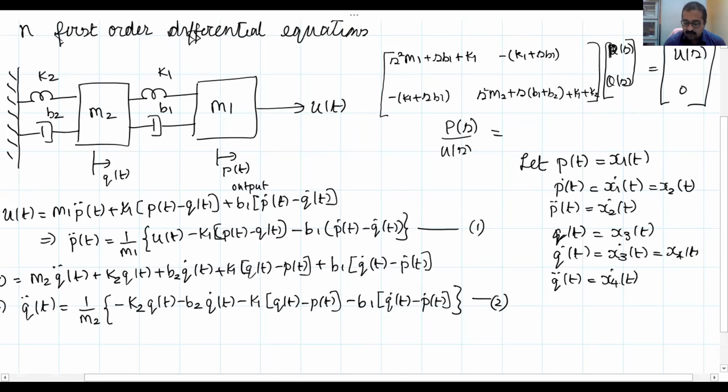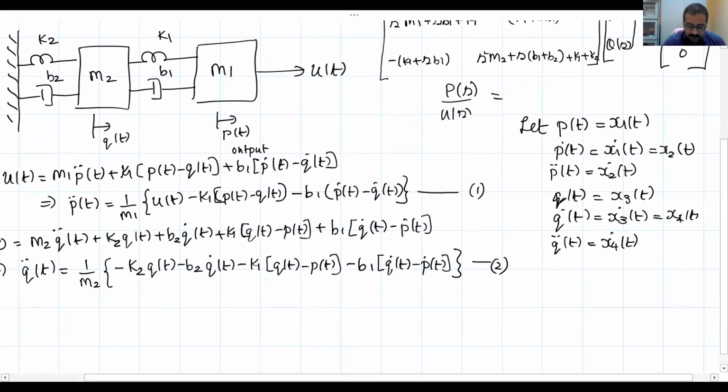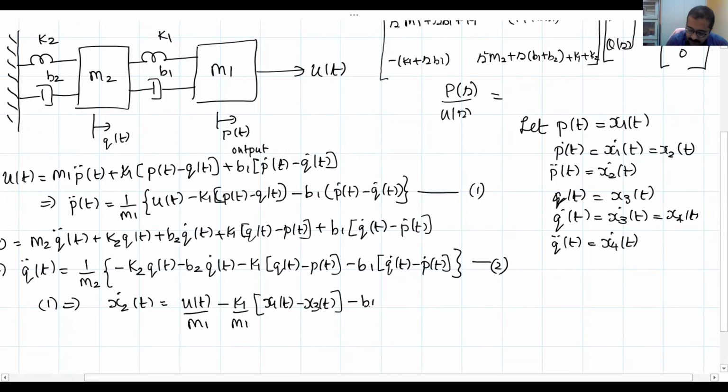Now I can rewrite equations 1 and 2 in terms of these state variables. P double dot T becomes x2 dot T. So equation 1 will imply x2 dot T equals U of T by M1 minus K1 by M1 into P of T minus Q of T. P of T is x1, Q of T is x3, so x1 of T minus x3 of T, minus B1 by M1 into P dot minus Q dot.